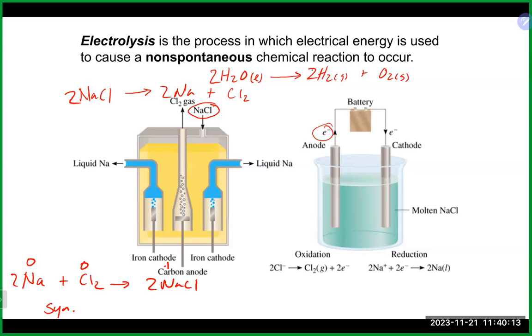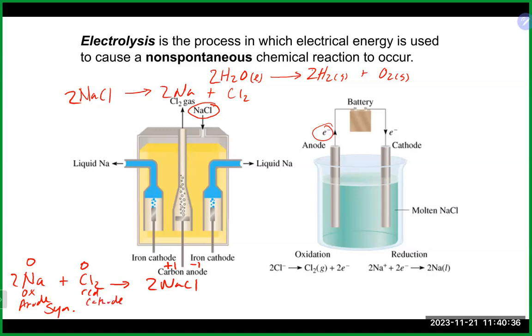When they come together, it's +1 for sodium and -1 for our chlorine. In this case, the one being oxidized is the sodium, which would be the anode. And the chlorine is being reduced as it's becoming more negative, and that would be our cathode.